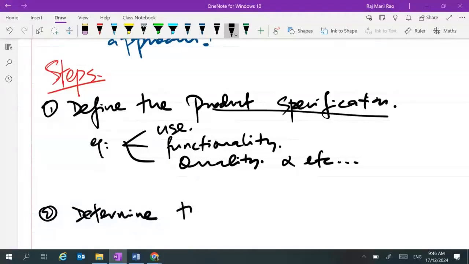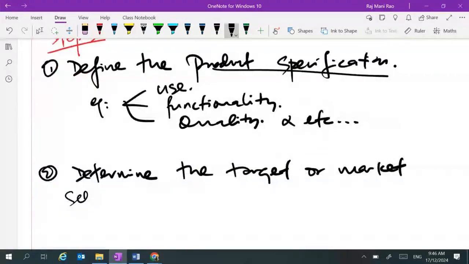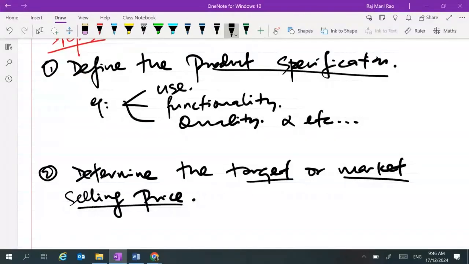determine the target or market selling price. How do we do it?